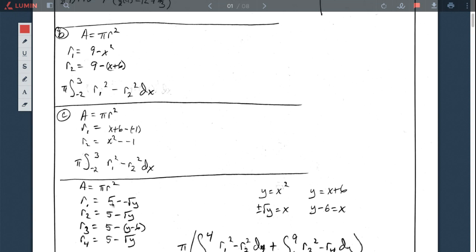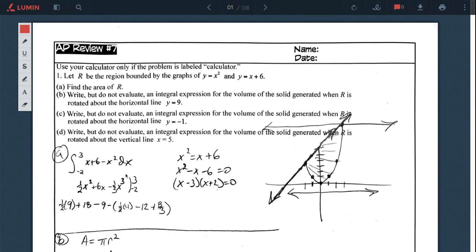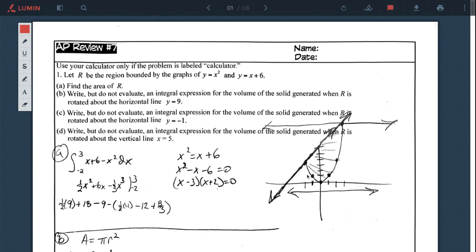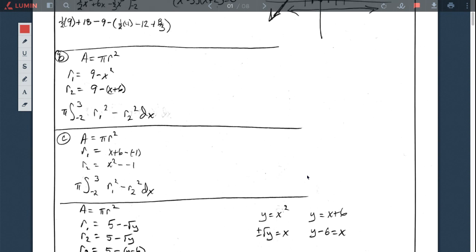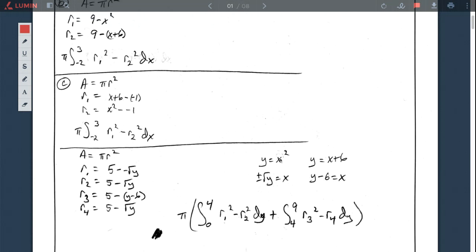So 5 comes first. This is a tricky one because when I do right minus left on the top, it's the parabola minus the line, but right minus left down here on the bottom is the parabola minus the parabola. Since I'm going around something that's vertical, I need to solve for x on both of them.